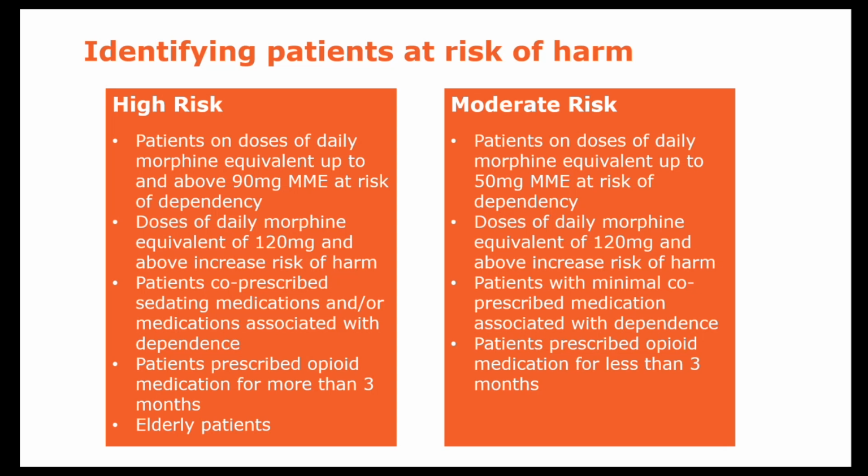If we look at moderate risk, again, similarly to high risk, those doses that increase the risk of dependency and increase the risk of harm, and patients with minimal co-prescribed medication associated with dependence, and patients prescribed opioid medication for less than 3 months. Those are some of the indicators that may put patients in that moderate risk of harm group.